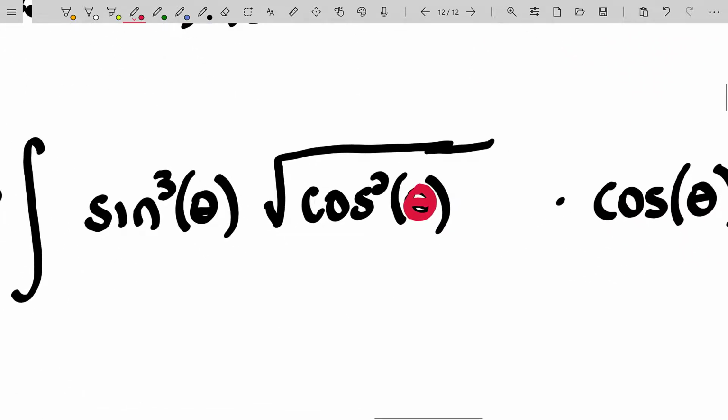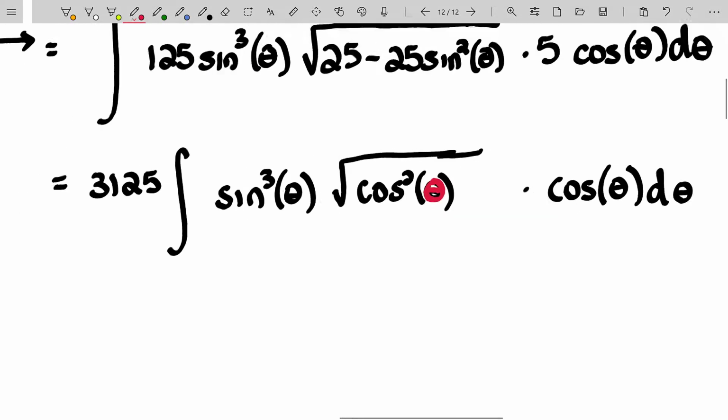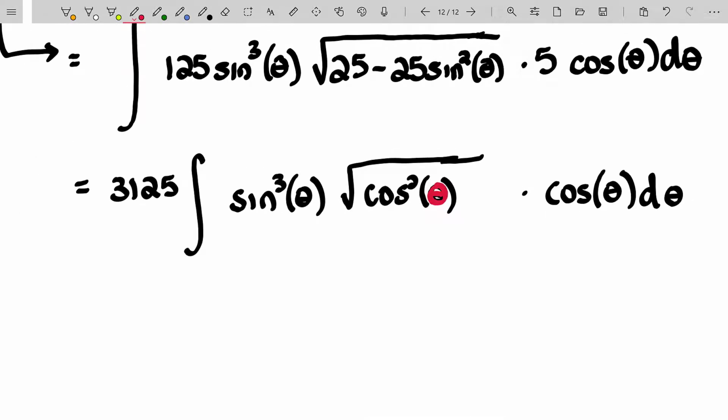Cosine is positive in both quadrants 1 and 4, and that's where our angle is going to be. So therefore, we don't need the absolute value on this result.